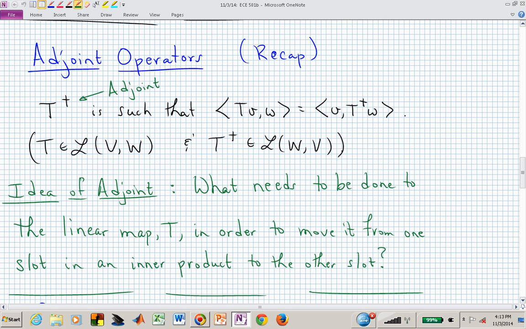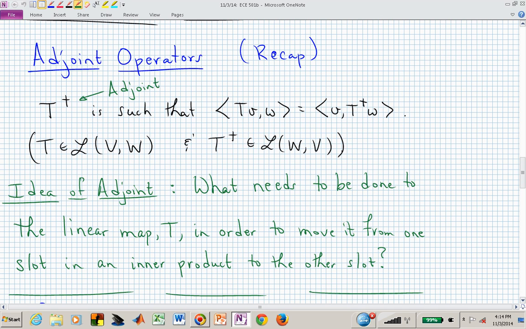That's really the definition of an adjoint. The adjoint is whatever needs to happen to move that operator to the other slot. If somebody says, I'm not quite understanding this adjoint, well, you're just trying to move that operator into the other slot. That's the idea of the adjoint.